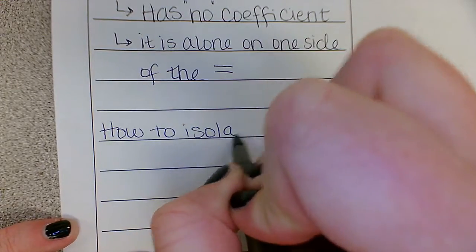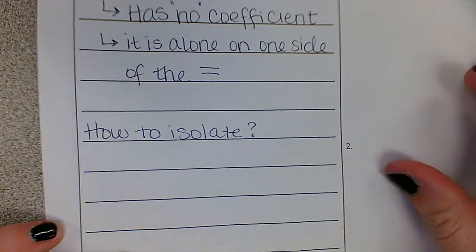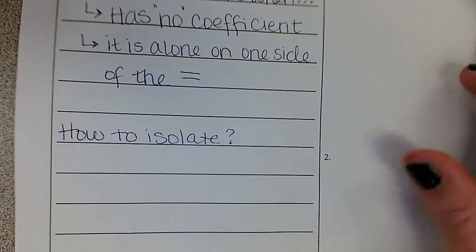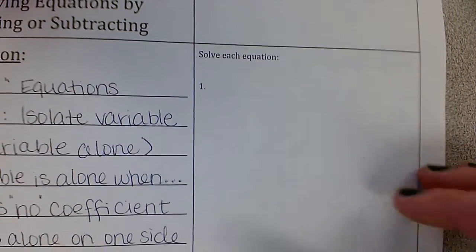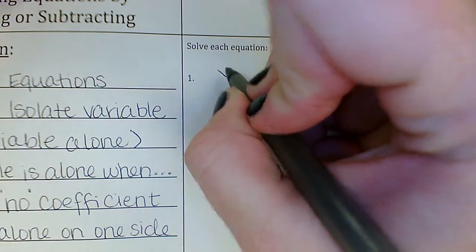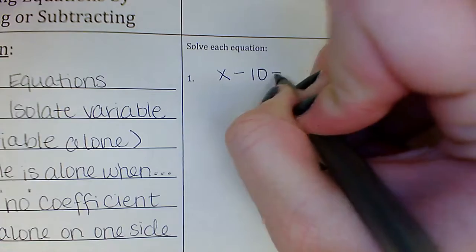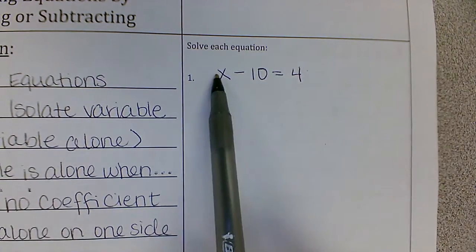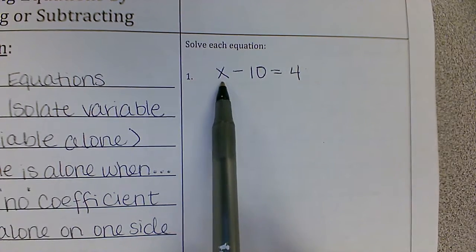When we're talking about getting the x alone, we need to figure out how we isolate it. I'm going to switch gears really quickly up here. I just want to show you what these equations are going to look like. If I have an equation that's x minus 10 equals 4, that's wonderful if you already know the answer, but that's not the point. We're talking about doing the work today and the process. But this is the kind of problem you're going to see. First of all, x does not have a coefficient.